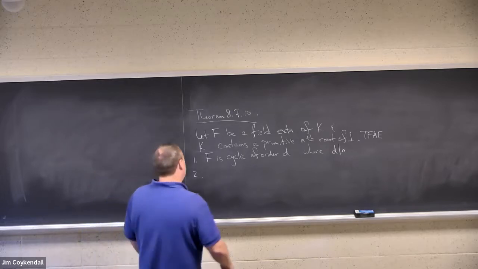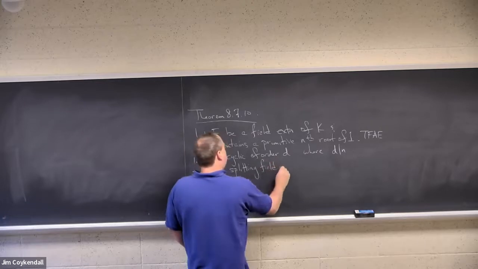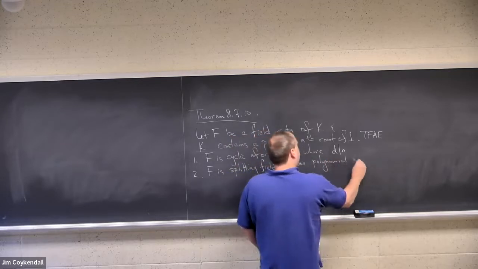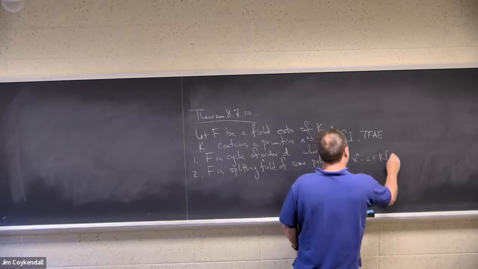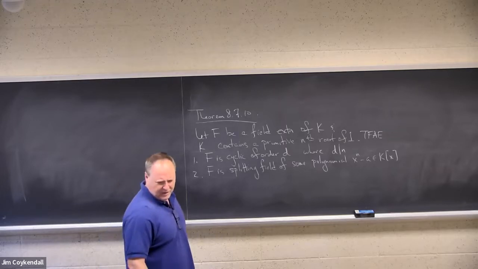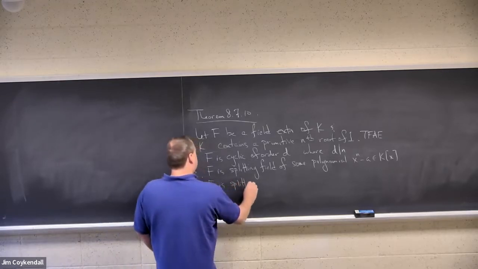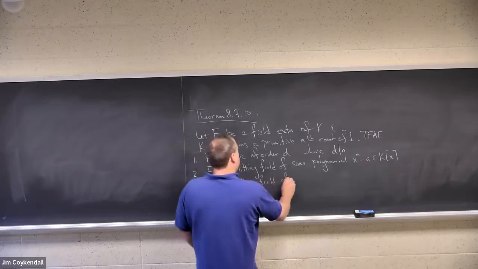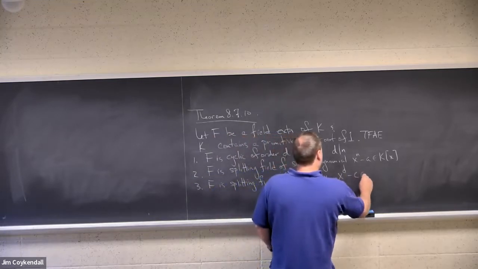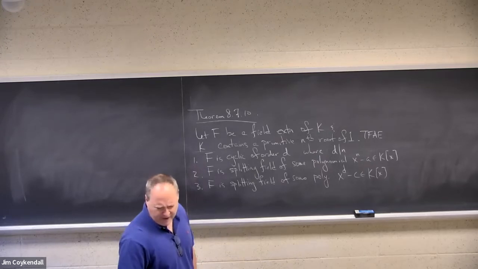F is a splitting field of some polynomial x^n minus a over K. You can actually reduce that down to the d, since d is a divisor of this.